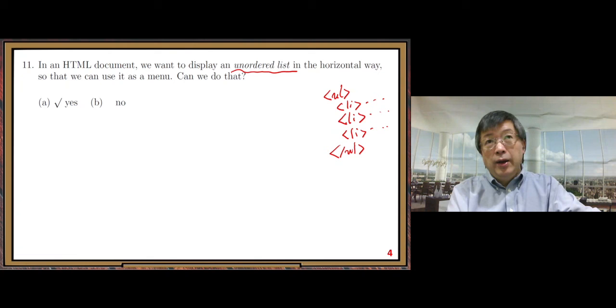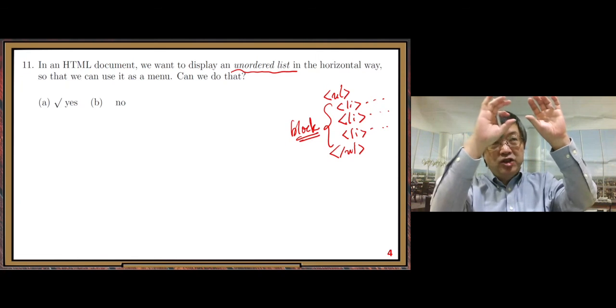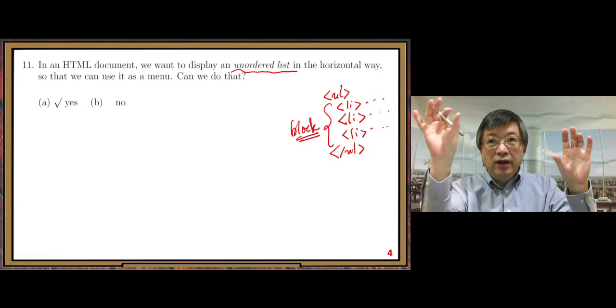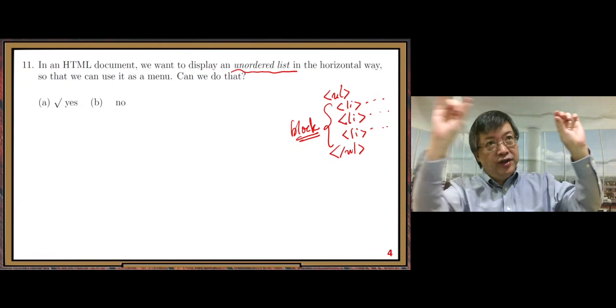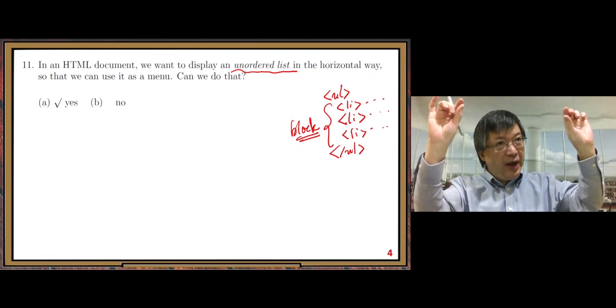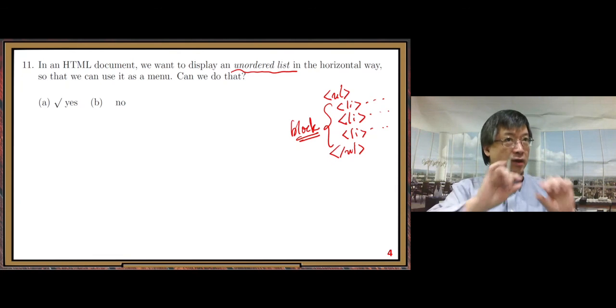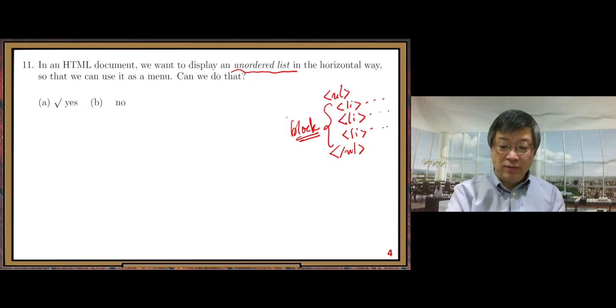Because at that time, we know these elements are block elements. Block elements display vertically, not horizontally. The first list item, after that, the next one right below the first one, in the vertical arrangement. That's the block way.